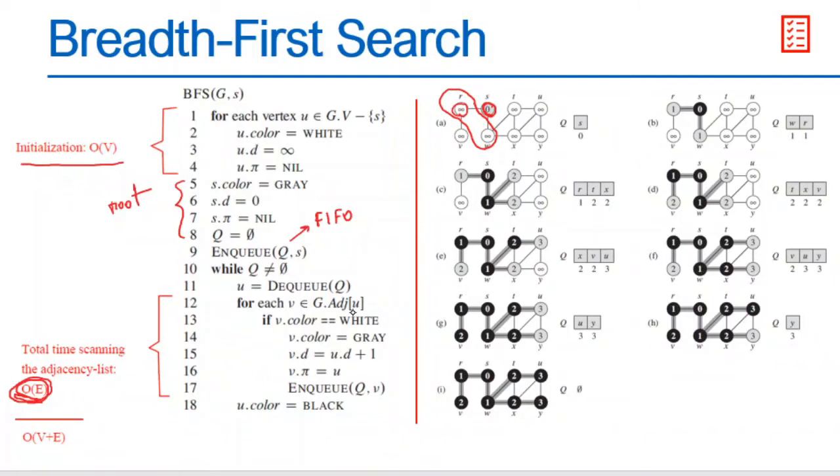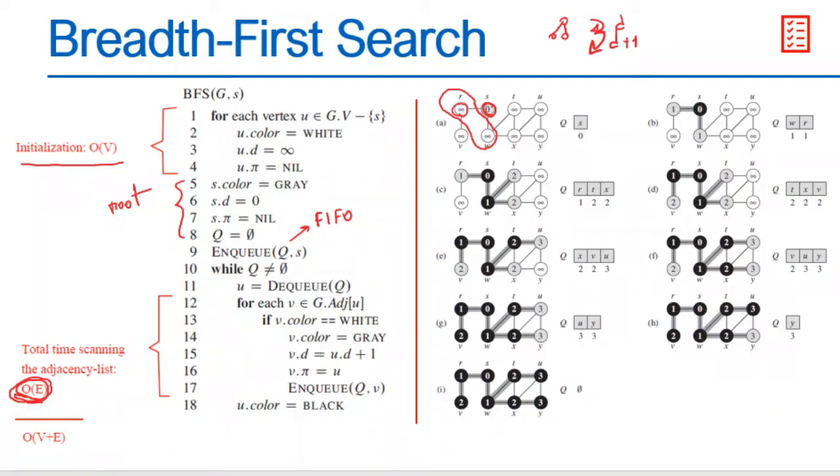It means the next level. You don't visit the nodes in level D plus 1 before you visit all the vertices in the level D. This is the frontier.